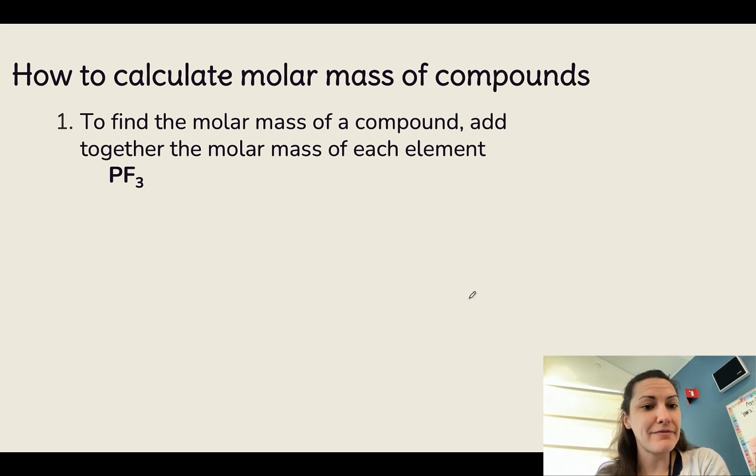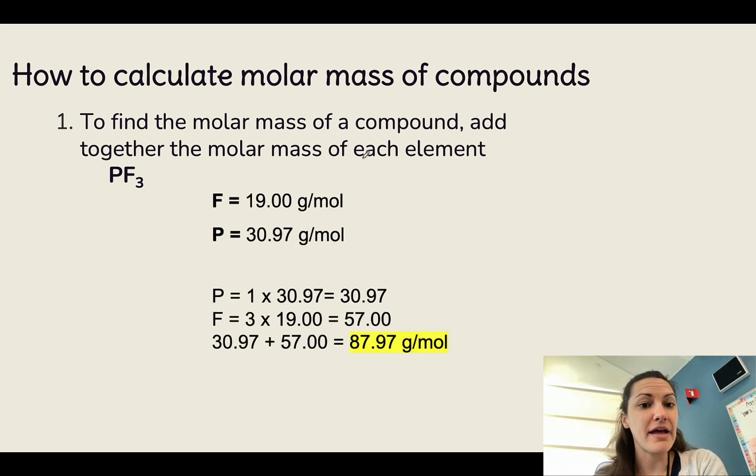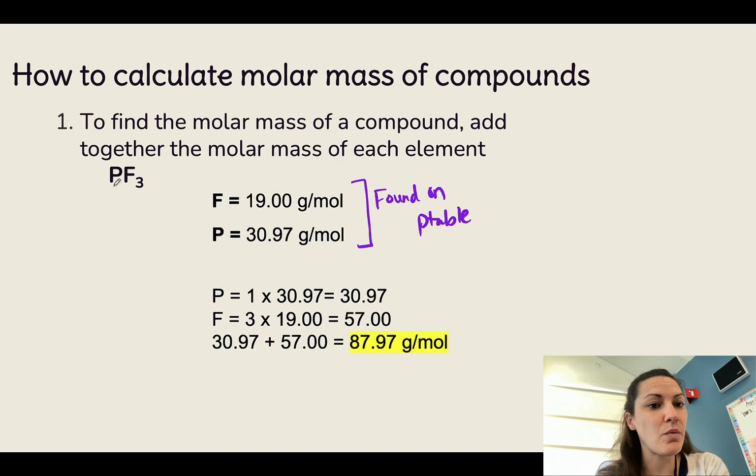So for PF3, we're going to first identify what the molar mass is. For fluorine, it's 19.00, and for phosphorus, P, it's 30.97. These are found on the periodic table. Okay. What we notice is there's an implied 1 if there's no subscript, so 1 phosphorus, and there are 3 fluorines, so 3 times this.